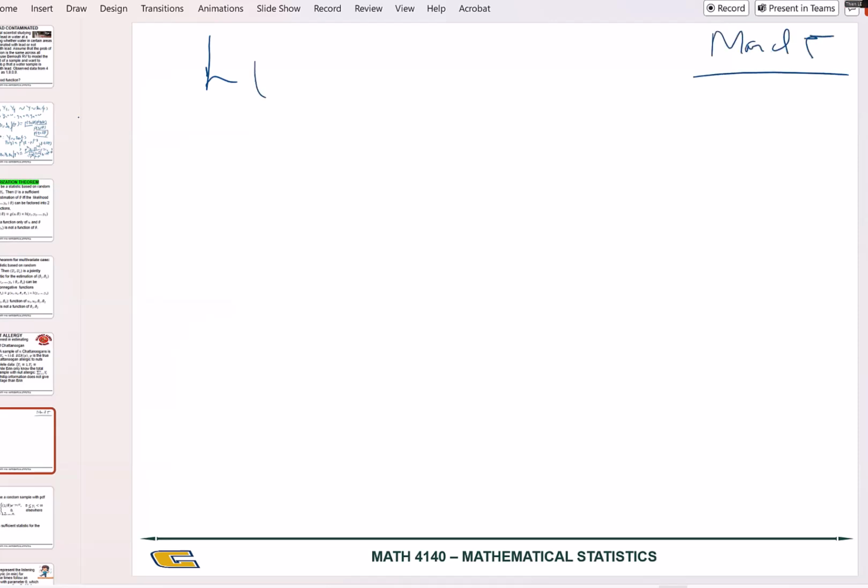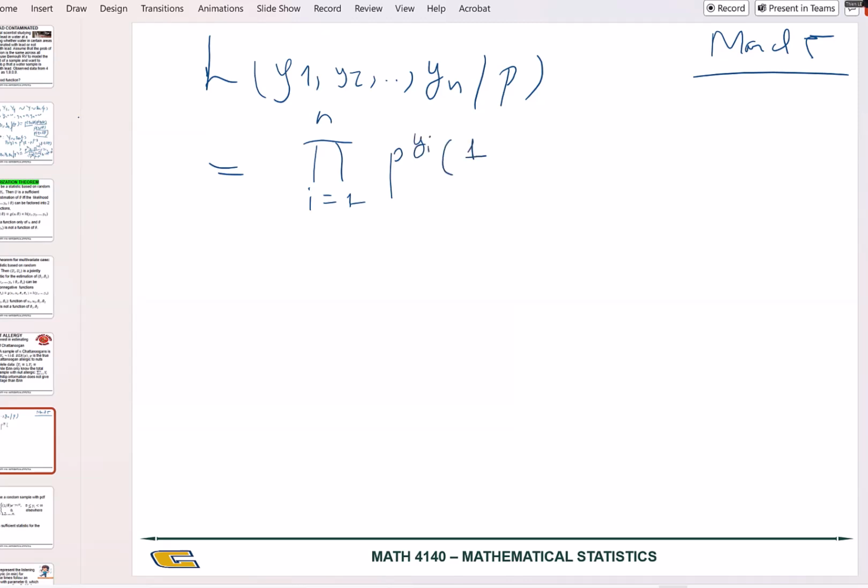The likelihood of y1 to yn given p, with theta being p, is the product, because we have independent observations, of p to the yi times 1 minus p to the 1 minus yi. This is the PMF of the Bernoulli.